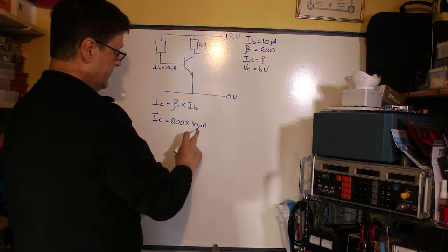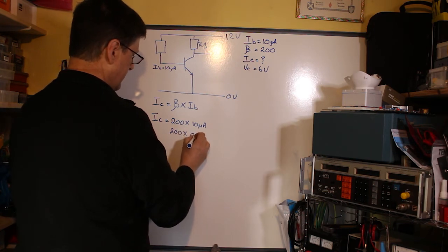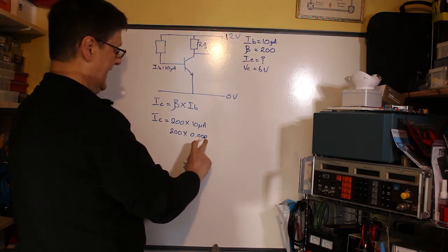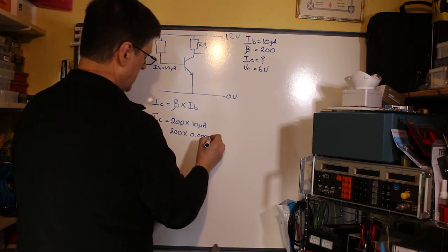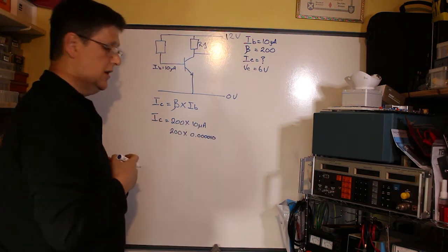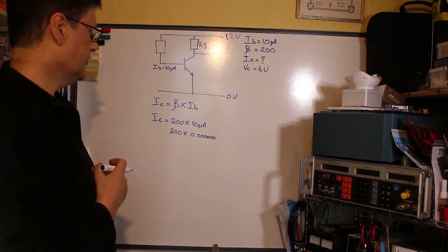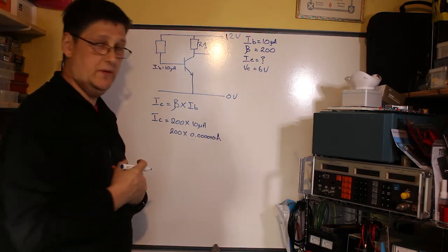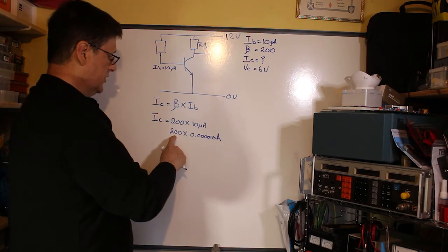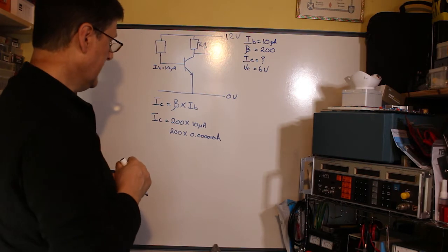So 10 microamps is 0.00001 of an amp. So we're now taking 200 multiplied by 0.00001 and we're getting a value.